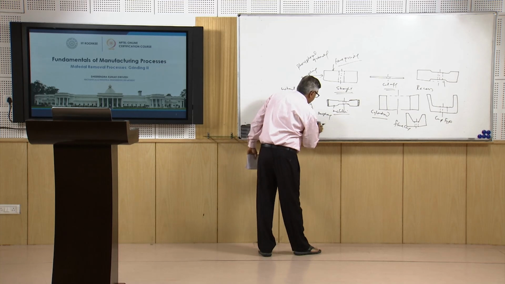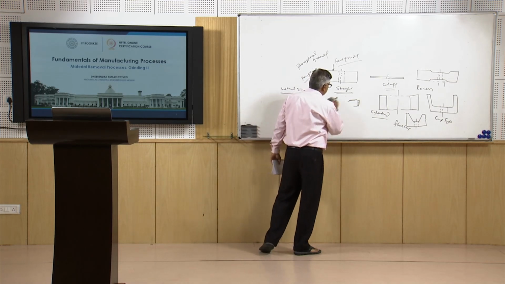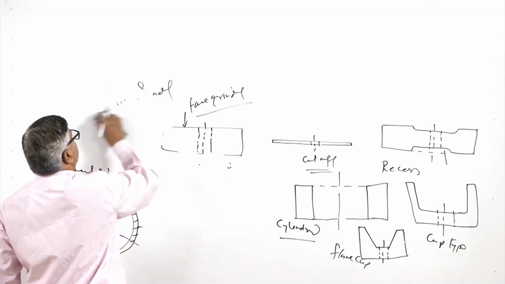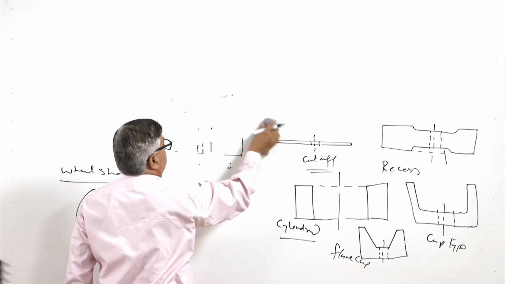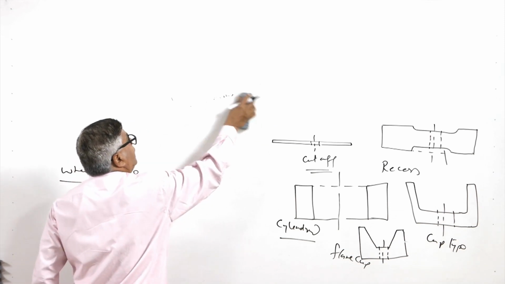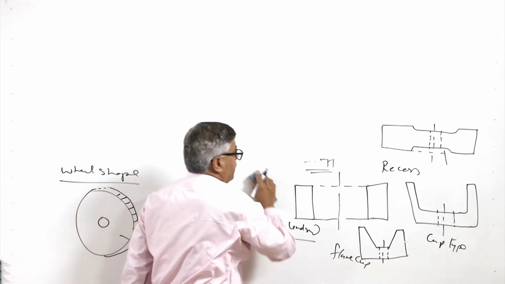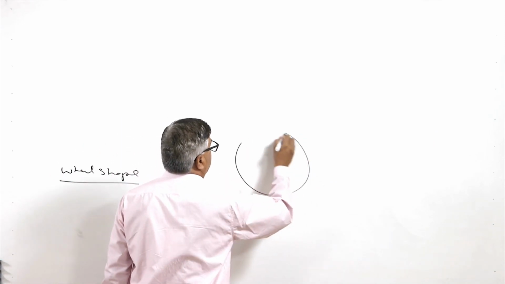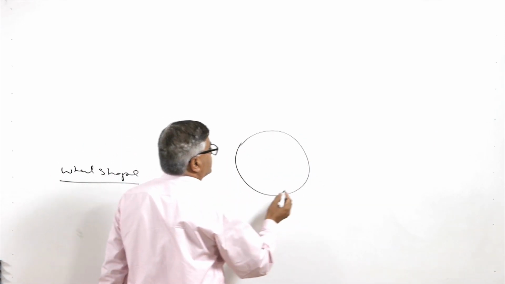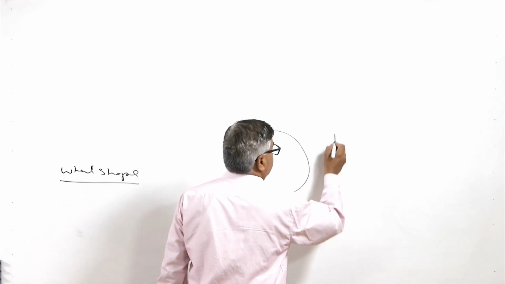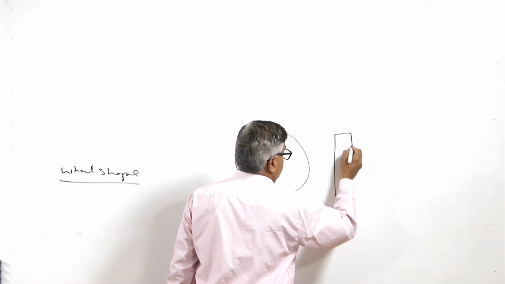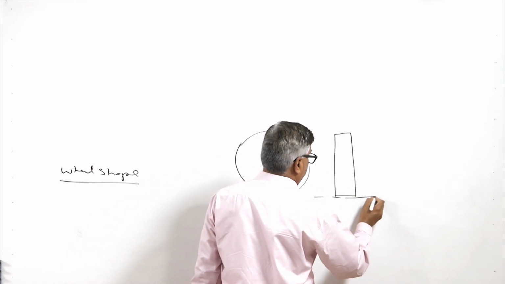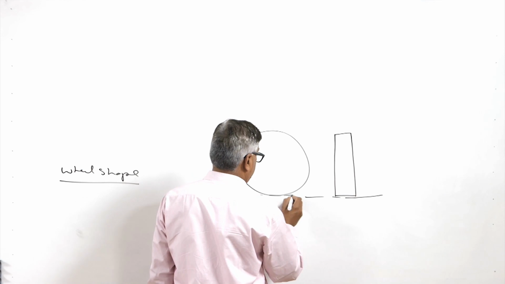If you have to obtain the conditions under which the grinding is being performed, we have to consider the rotational speed and the way by which the wheel engages with the workpiece. Say this is the grinding wheel rotating at certain speed, and in the side view the wheel is like this, and it is working onto the surface of the workpiece like this.